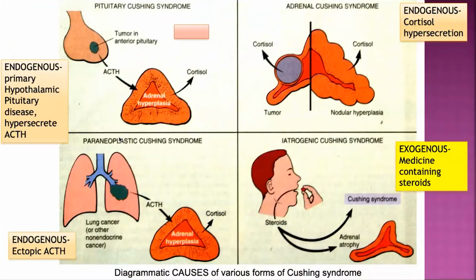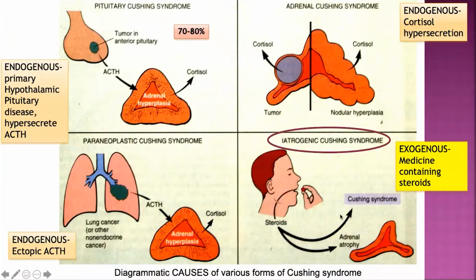This photograph, I think, is very helpful. Although you can see it's like an old picture, it's very useful. The most common is Cushing syndrome due to exogenous medicine containing steroids. We call it iatrogenic Cushing syndrome.